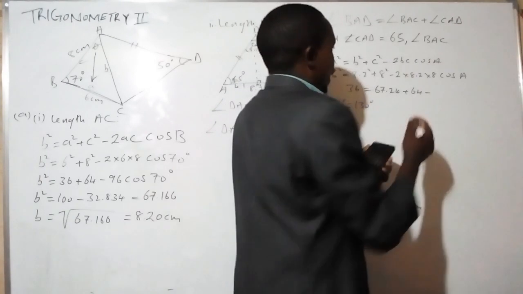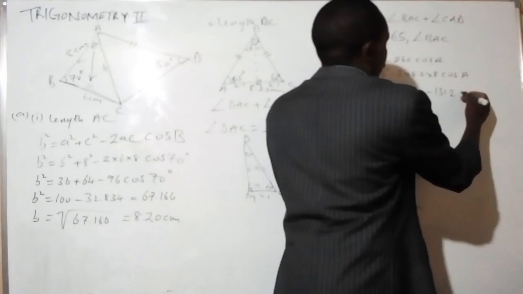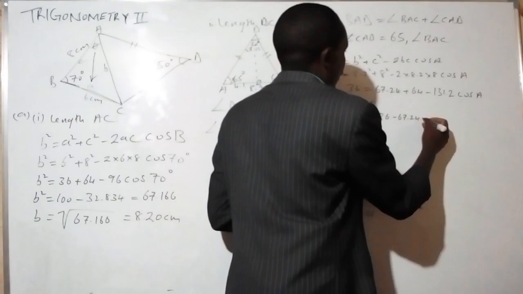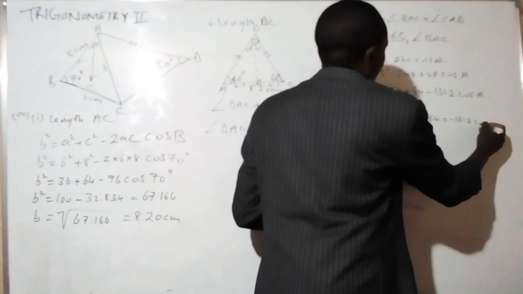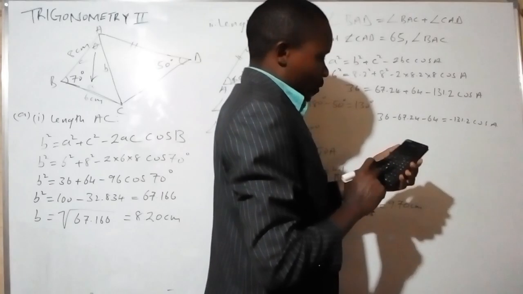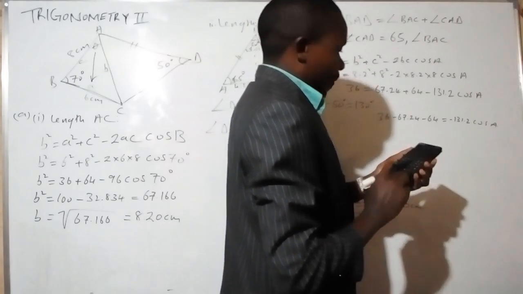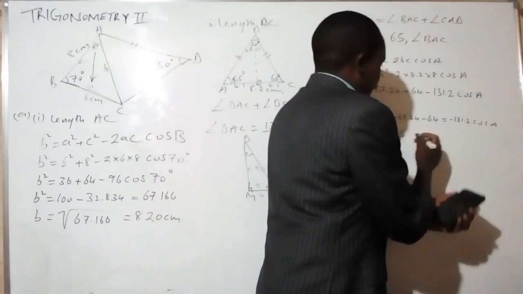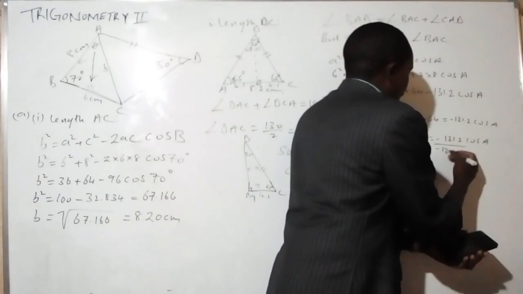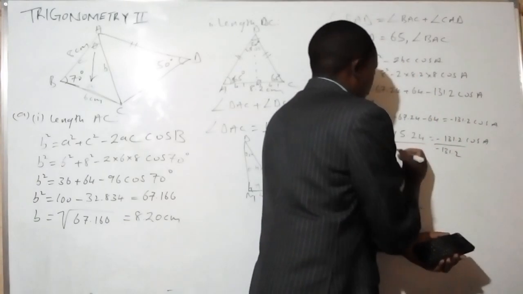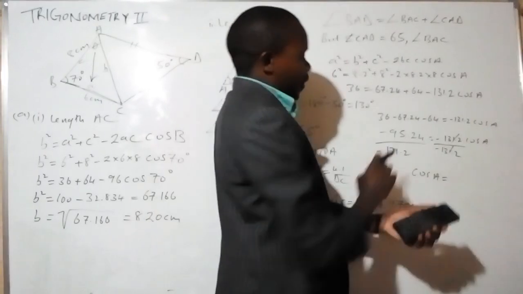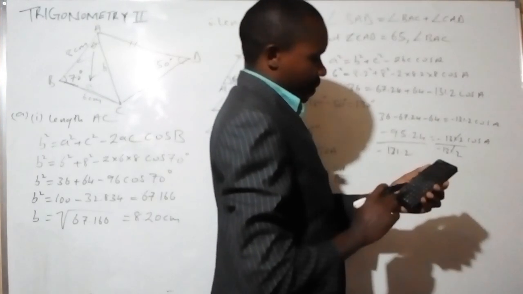We get 131.2 cos A. Collecting like terms, 36 minus 67.24 minus 64 is equal to negative 131.2 cos A. We get negative 95.24 is equal to negative 131.2 cos A. You divide by negative 131.2, and cos A is equal to negative 95.24 divided by negative 131.2.